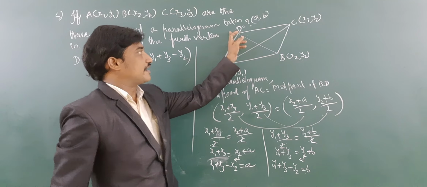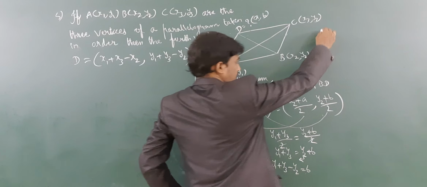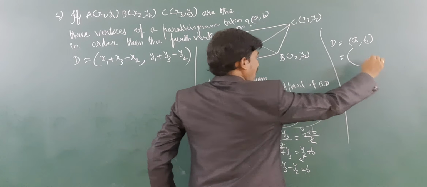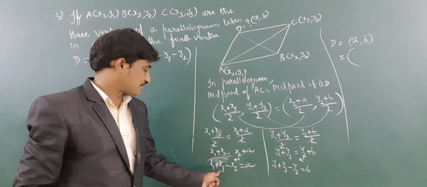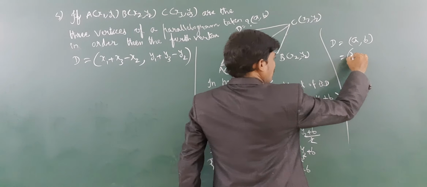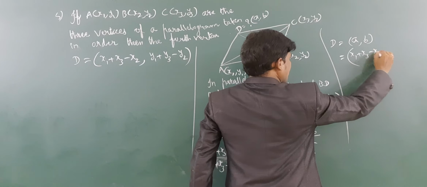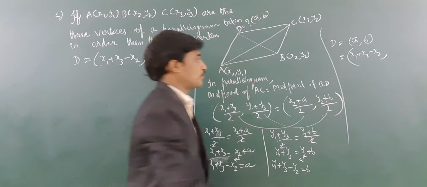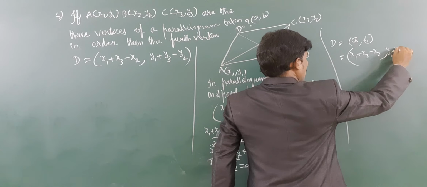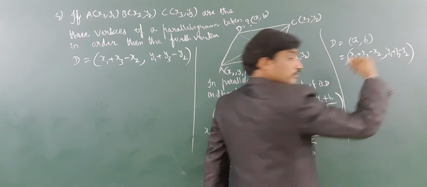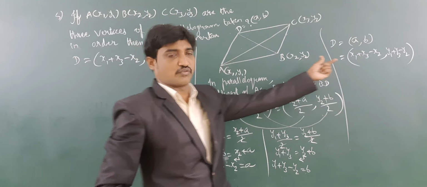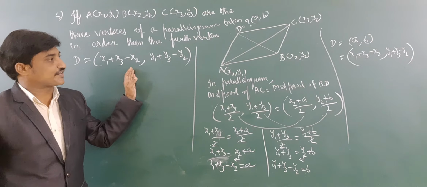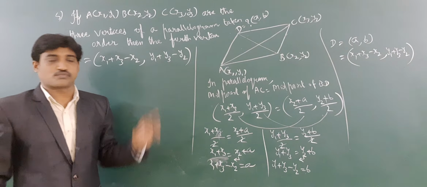In fact, fourth vertex D is equal to arbitrary a, b. Now we have a is x1 plus x3 minus x2, and b is y1 plus y3 minus y2. So we got the fourth vertex formula: x1 plus x3 minus x2 and y1 plus y3 minus y2.